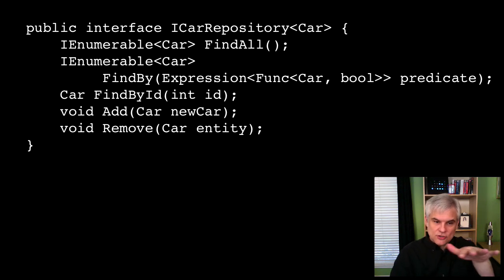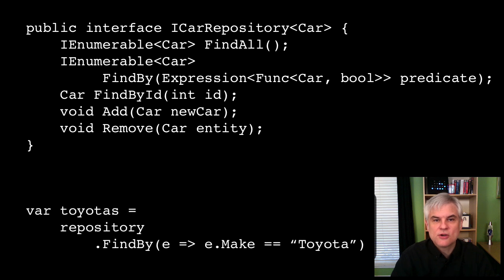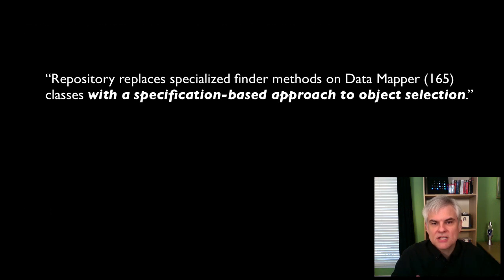So it allows you to do this, like you see on screen. var Toyota equals repository.FindBy, given e, return all makes that are equal to Toyota. Okay, so clearly the second approach is what Fowler is talking about when he says that the repository replaces specialized finder methods on data mapper classes with a specification-based approach to object selection.